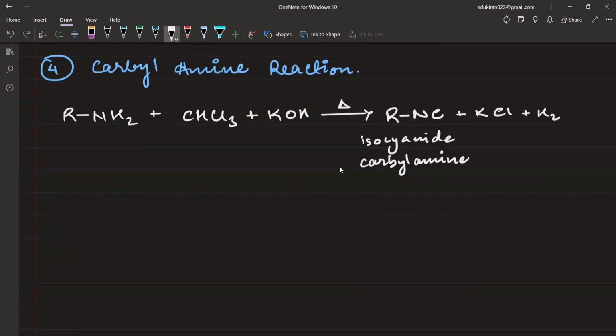It has a very foul smell, and that is why it is used for the detection of 1 degree amine. So it can give reaction only with 1 degree amines.